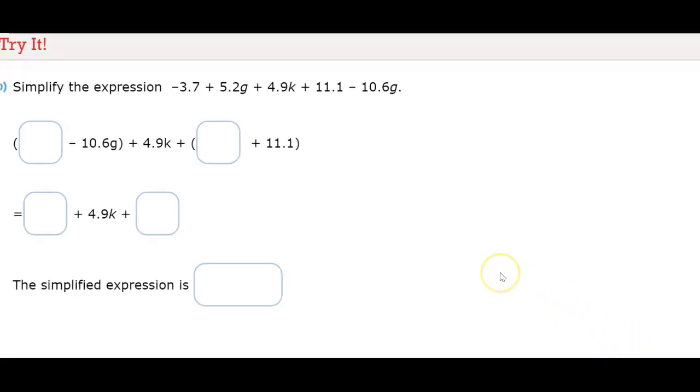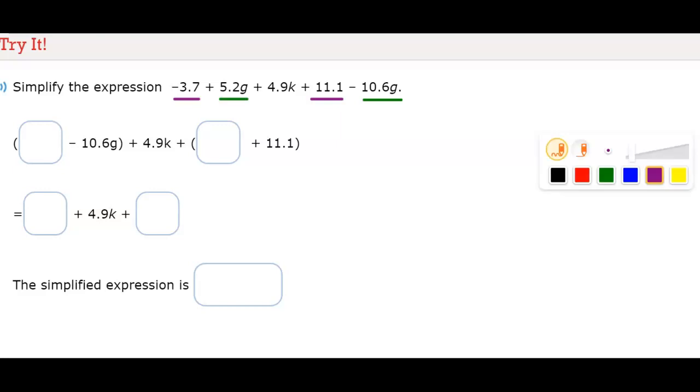So now let's try one. I'm going to underline the ones that are like. So we have G here that are like terms. I'm going to choose a different color, and we have these numbers that are like terms, and then K is a like term by itself. So let's do the green, the G's first.